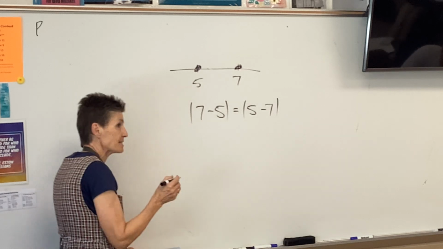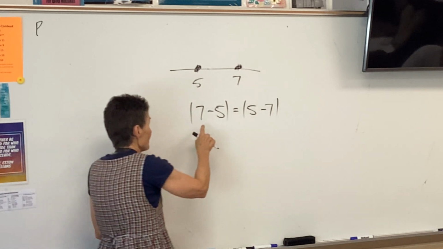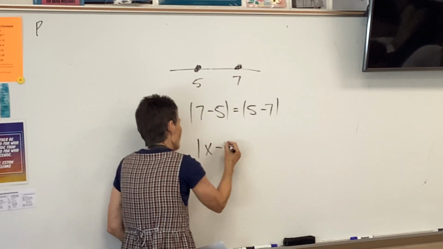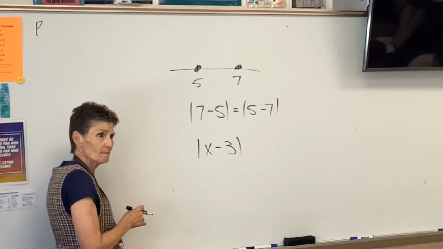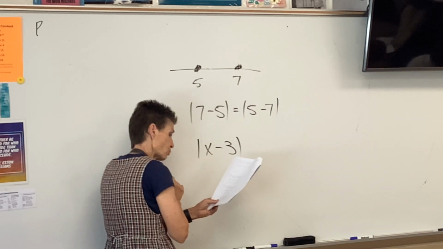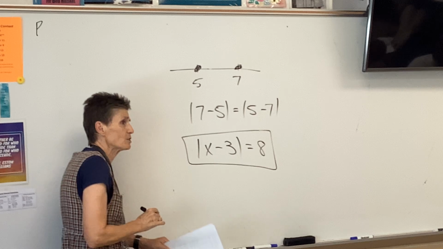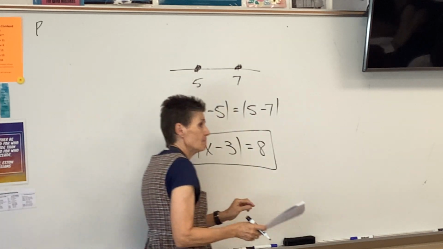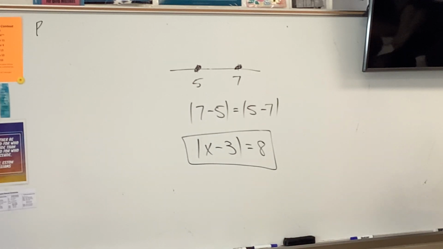So this is the distance between 7 and 5. It says the distance between x and 3. Well, if this is the distance between 7 and 5, then won't this be the distance between x and 3? And the distance between x and 3 is 8. There you go. That's all there is to it. Distance is the absolute value of the difference.